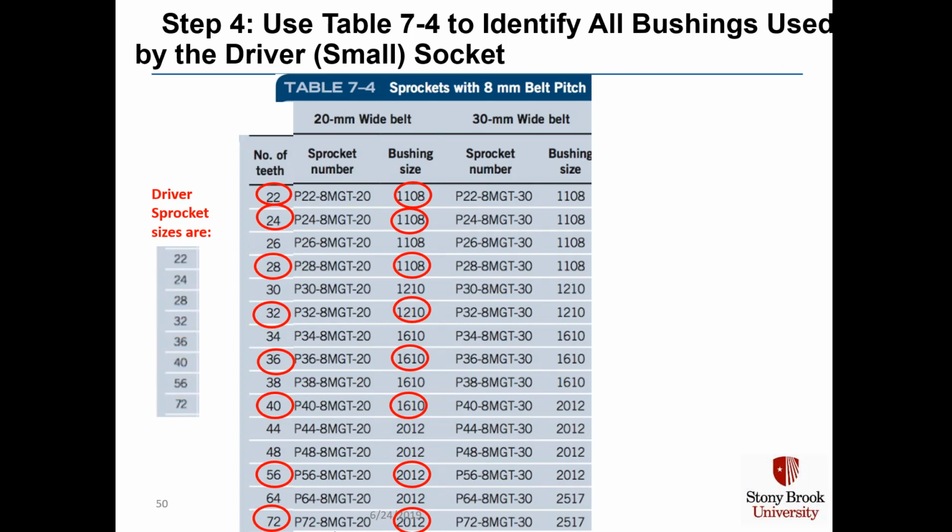And we now use table 7-4 to identify all the bushings used by the driver or small sprocket. Our idea here is to find acceptable bushings based on the large and small diameters of the input and the output shaft.